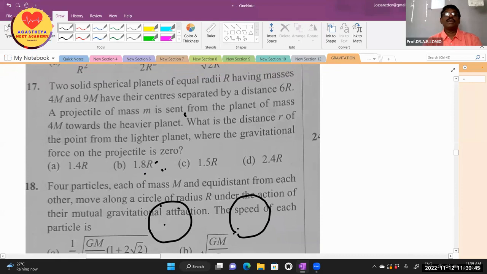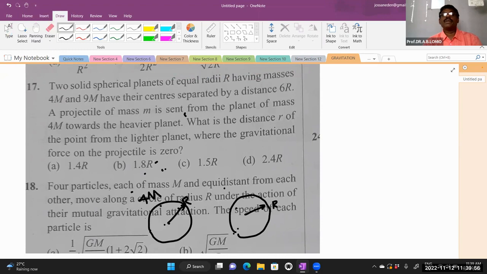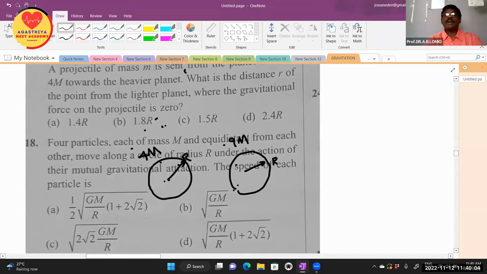They have an equal radius, say R. One has mass 4m, another has mass 9m. They are separated by the distance of 6r.